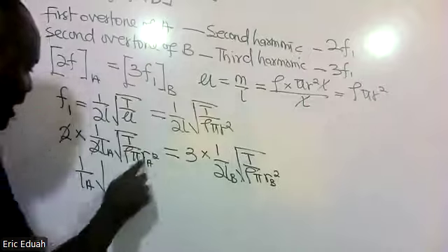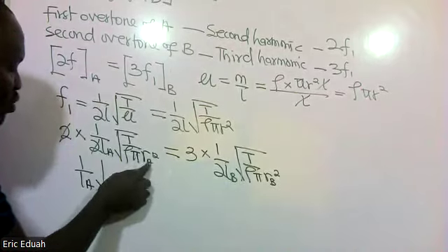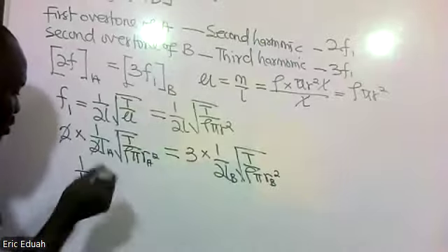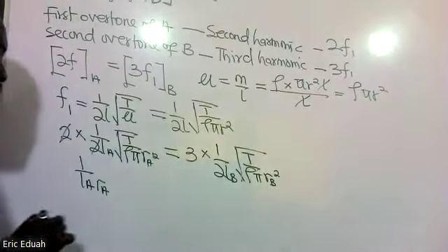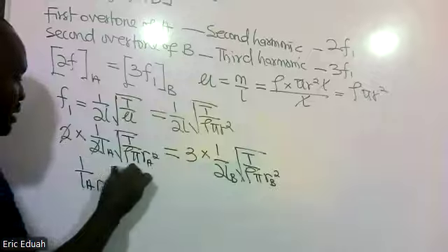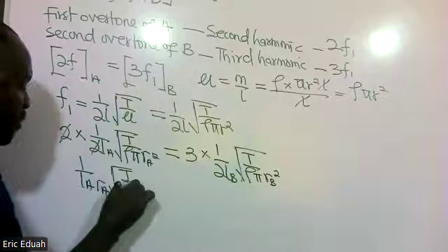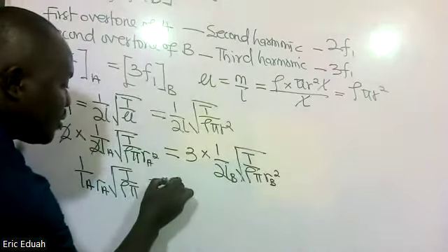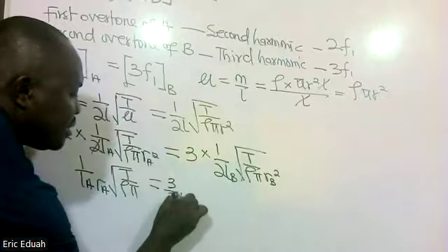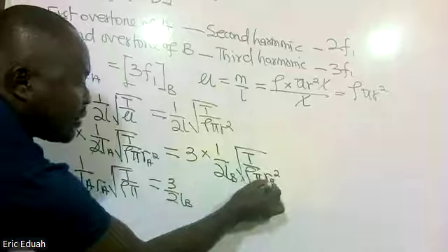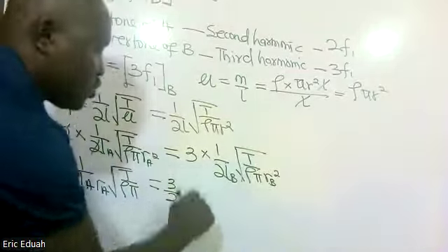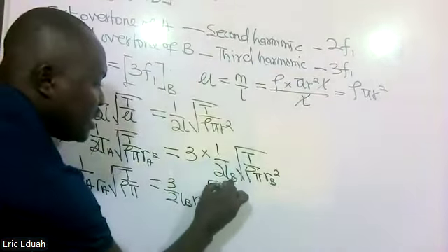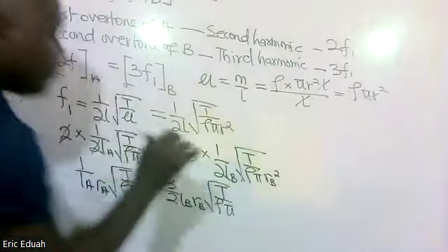Now over here, this is R squared. When you take the square root of R squared, we'll have RA here multiplying this, times the square root of T on rho pi, is equal to 3 on 2 LB, times R of B out, times the square root of T on rho pi.